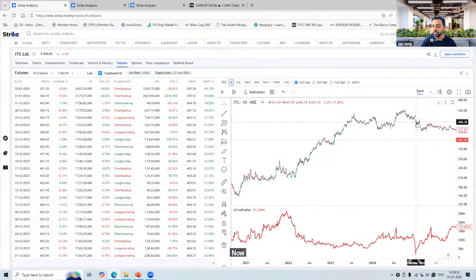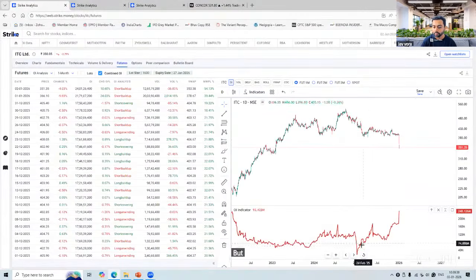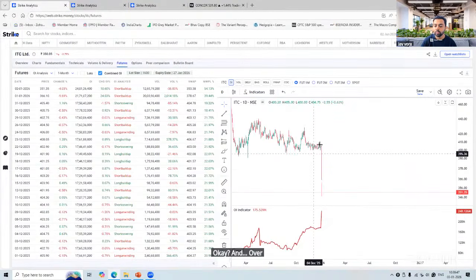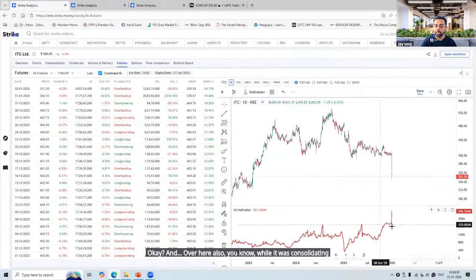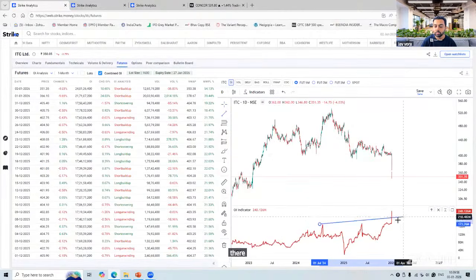Now over here, it was the hotel demerger, and that's why there was unusually low open interest. But again, what you see over here is that when this decline was happening, there was a surge in open interest. And over here also, while it was consolidating, it was around the highs. But in this decline, there was this surge in open interest that happened, which led to a breakout.